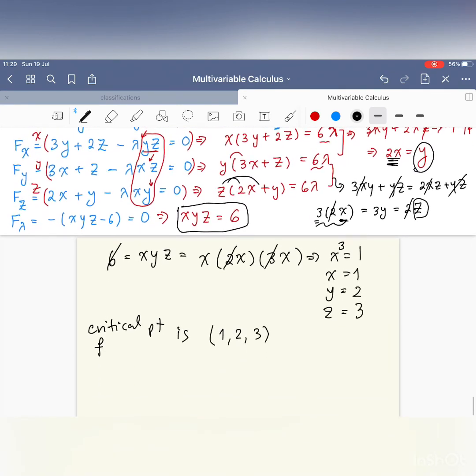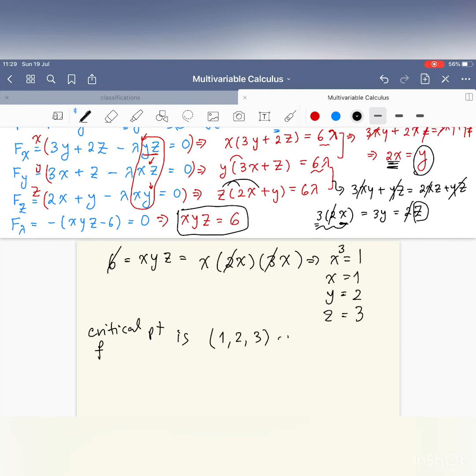So this one will give you the minimum cost of producing a box with volume equals to 6. So your x must be 1, your y must be 2, your z must be 3.